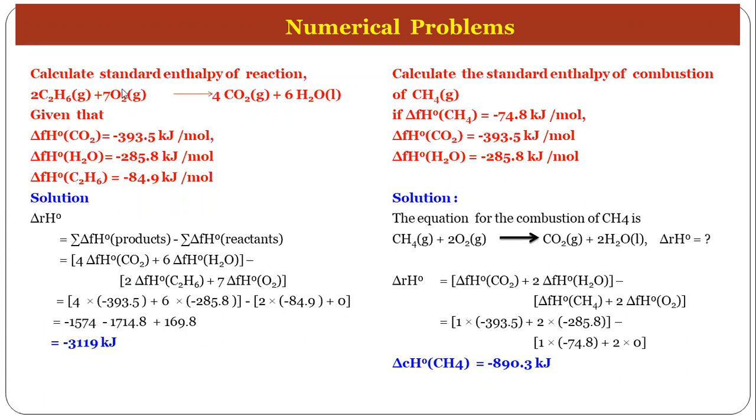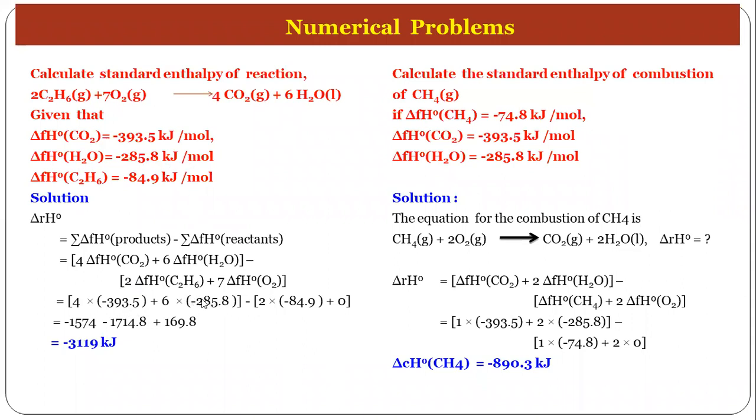We have to see which value is not given here. See, first we have to put the value of CO2. CO2 value is given here, minus 393.5, plus 6 into H2O. H2O value is given, minus 285.8 kilojoule per mole.